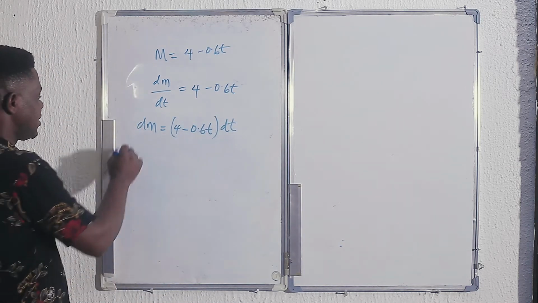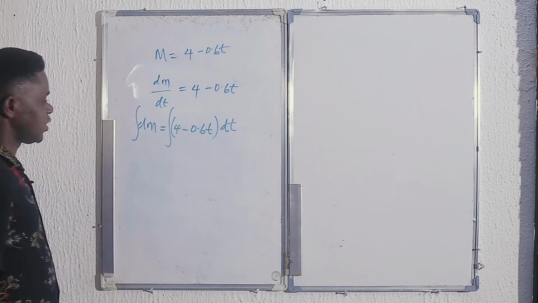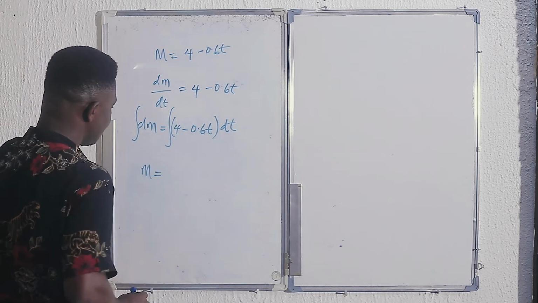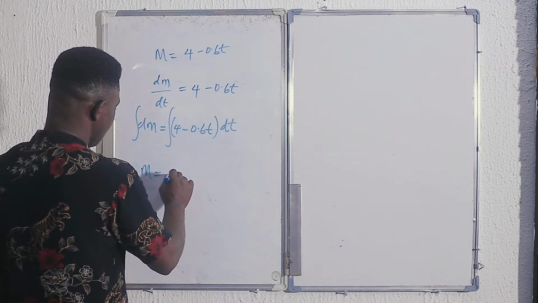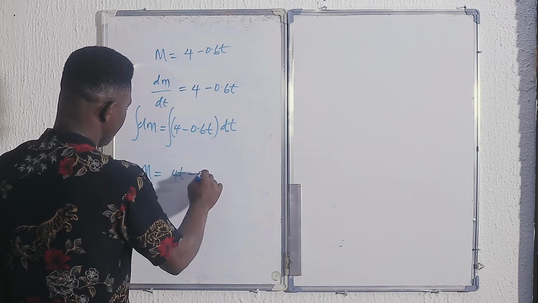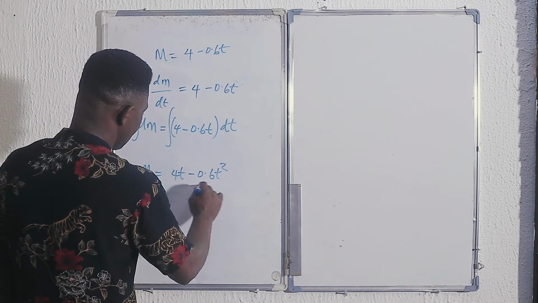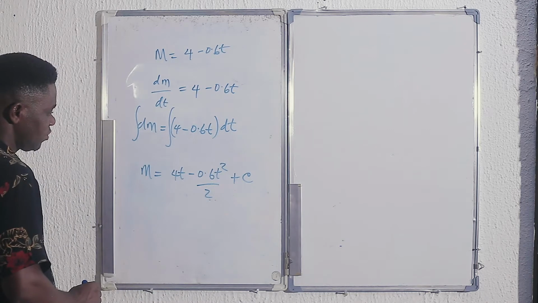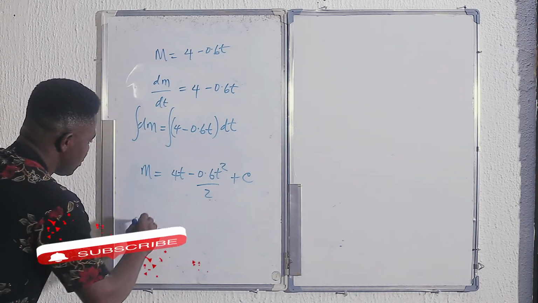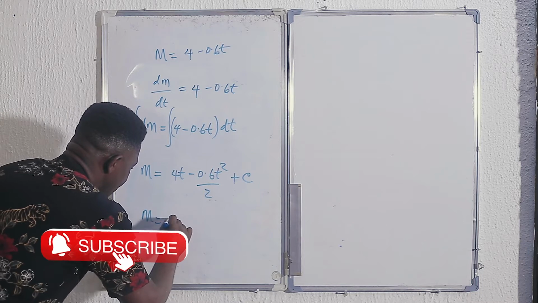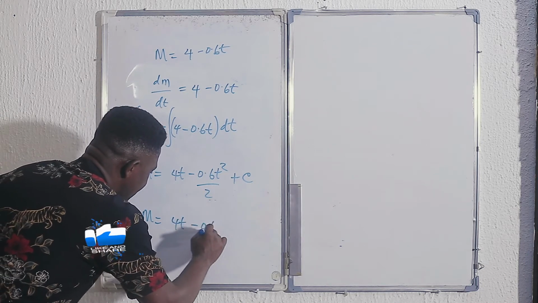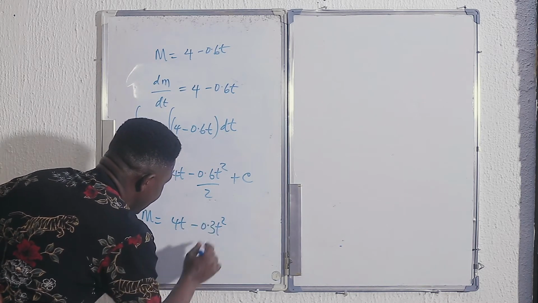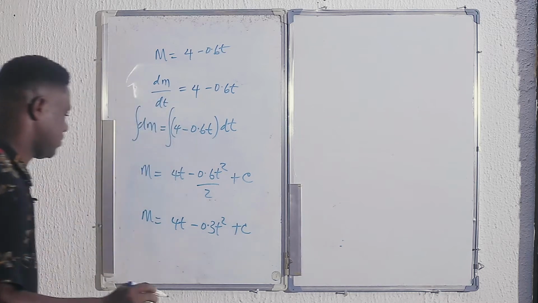So let's integrate this. If we integrate the two sides of the equation, this is going to give us m equals 4t minus 0.6t squared all over 2 plus c. So m is going to be 4t minus 0.3t squared, because 0.6 divided by 2 gives 0.3, plus c.